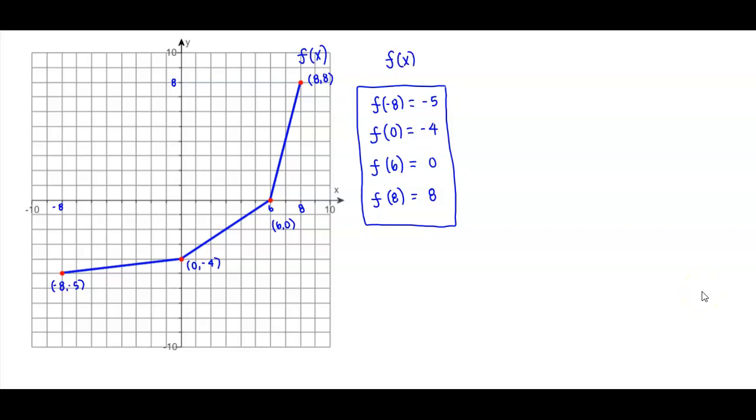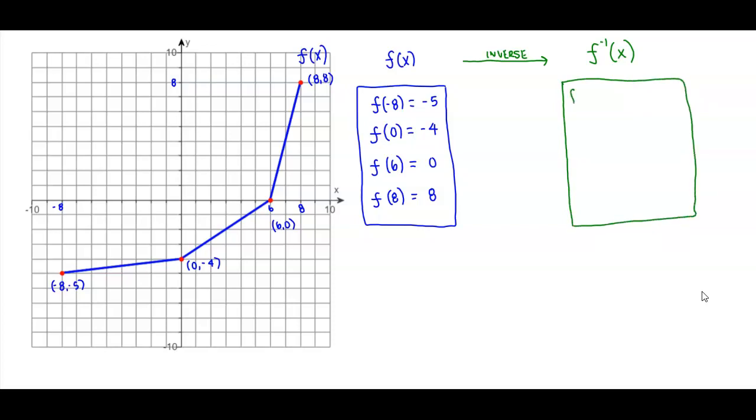Now let's determine what the inverse would look like. We want to find the inverse of this function, f, and the inverse is f inverse of x. That means we're just going to change the inputs and outputs. So now f inverse of -5 has an output of -8.